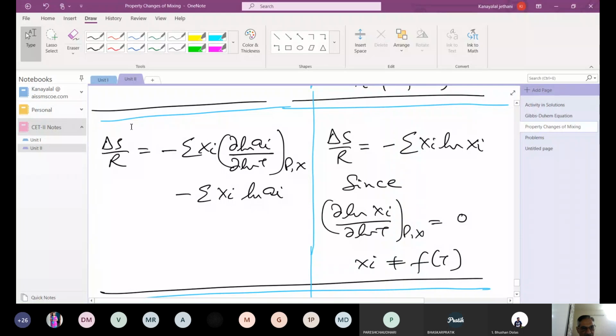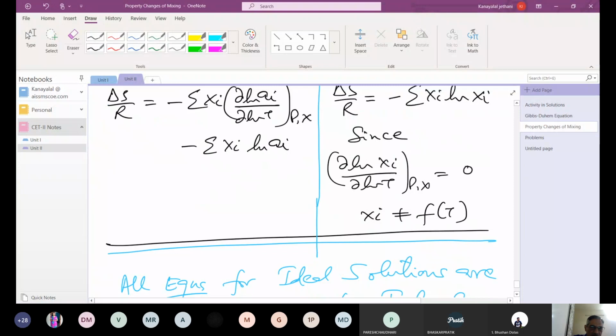We have derived the equation for entropy change: delta S by R is minus summation xi ∂ln ai by ∂ln T at constant pressure and composition, minus summation xi ln ai. So with ai equal to xi, what you'll get is delta S by R, first term will become ∂ln xi by ∂ln T at constant pressure and composition. Now this is equal to 0 because xi is not a function of temperature, so the first term becomes 0.